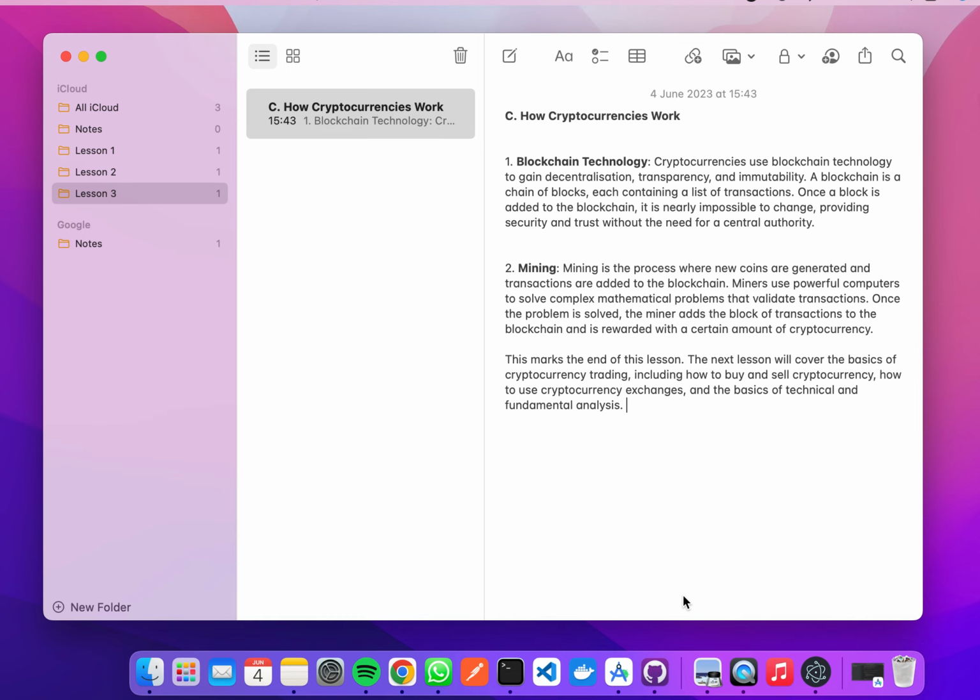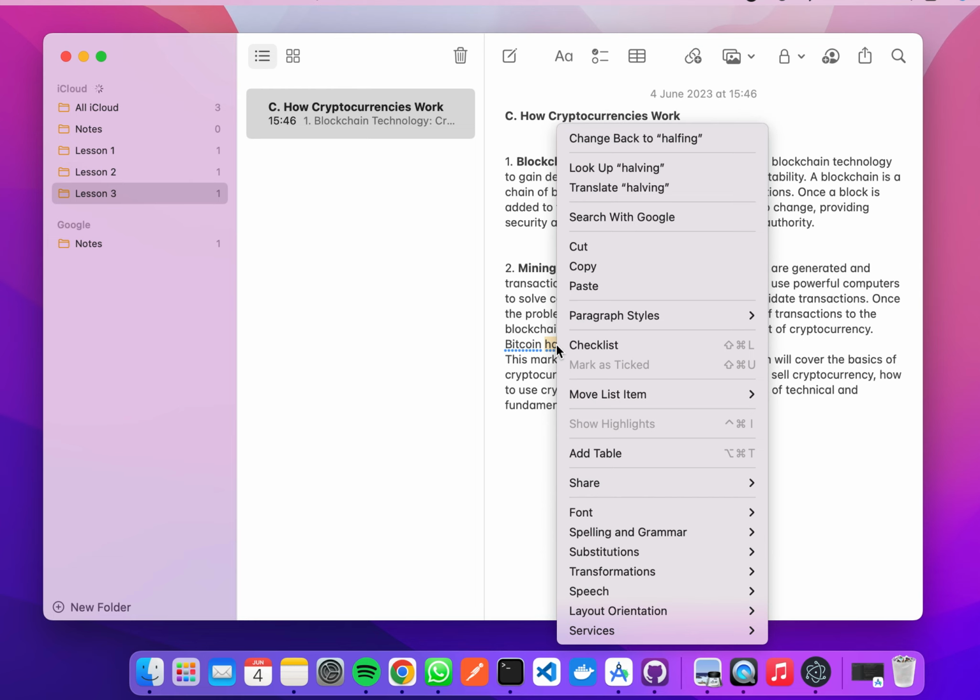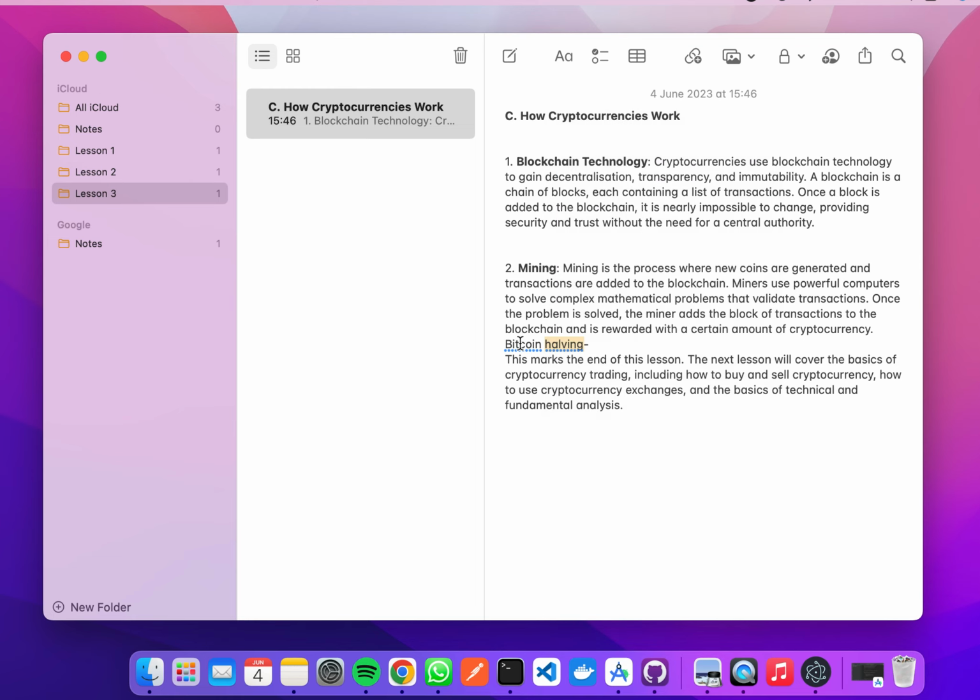This is called Bitcoin halving. Bitcoin halving is when the reward that a miner gets after solving a block is cut by half after every 4 years.